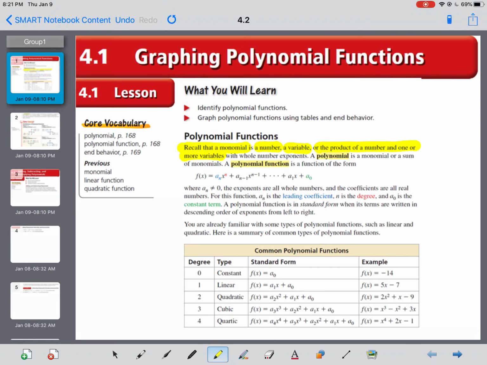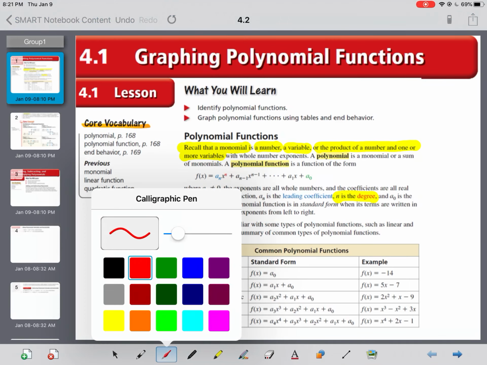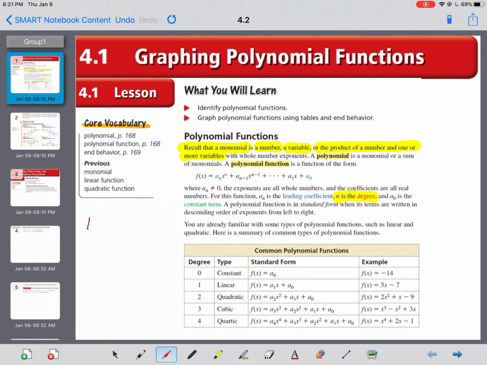Your important things about it, things like the degree. The degree is the exponent numbers on the monomial. So, for instance, if we had 12x squared, then the degree is 2.